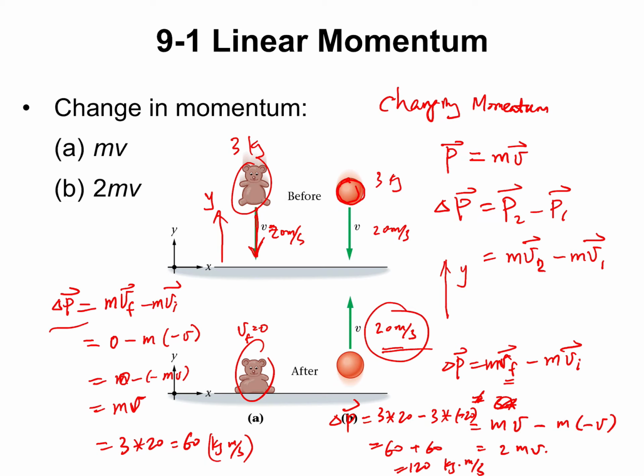When we calculate the change in momentum, remember momentum is a vector. You have to consider the direction of the velocity, then you can get the change in momentum right.